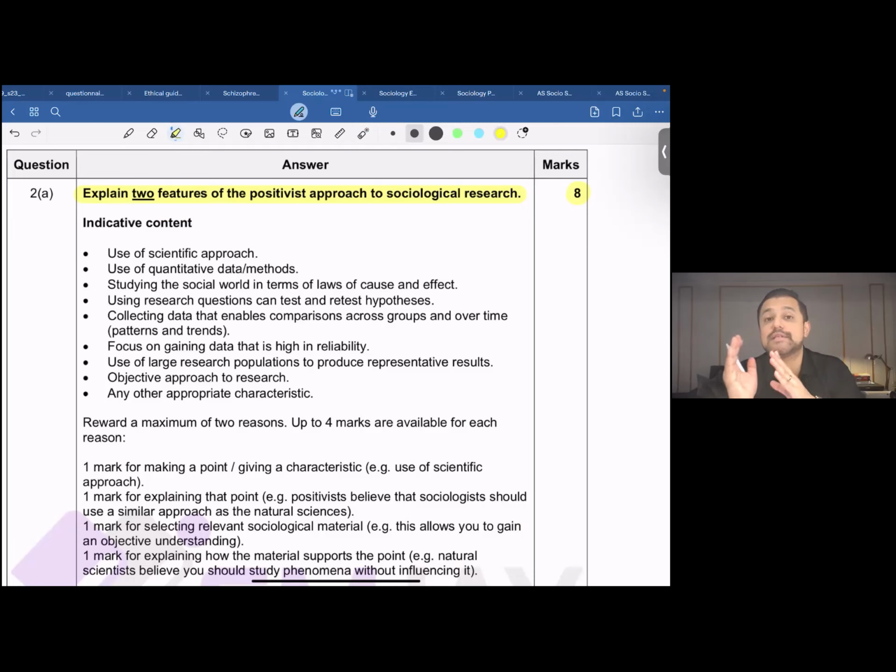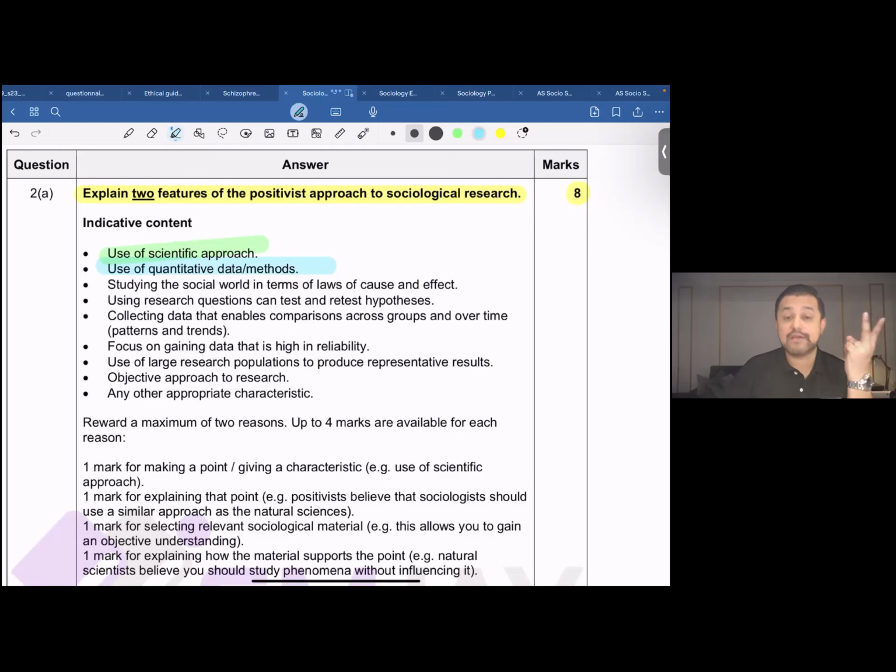What are the methods that are used in natural sciences? To begin with, what even is natural sciences? When you talk about sciences, we're talking about physics, chemistry, math, right? So the methods that are used in natural sciences, according to positivists, should also be used in sociology, the first feature.